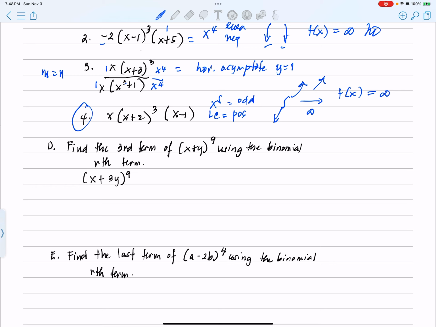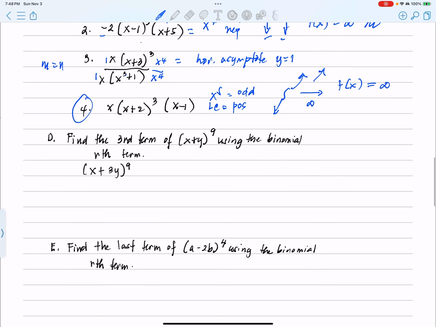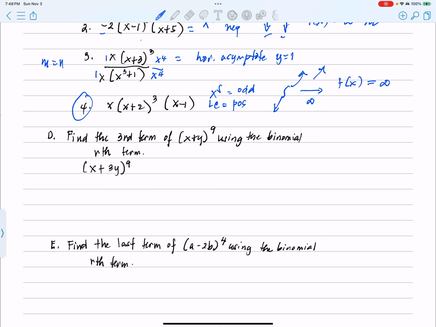Okay, so what would be our term here? We have x. This is 3y. So we have n as 9. First term is x. Find the third term. r is 3. Second term is 3y.